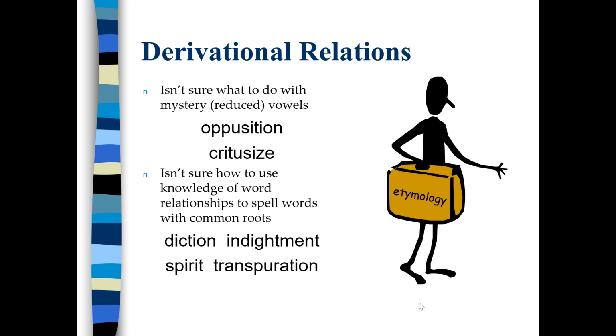They aren't sure how to use knowledge of word relationships to spell words with common roots. So we need to teach roots like Greek and Latin root words so that students understand diction means to speak, because DICT is the root that would tell me that diction has to do with speaking or writing.